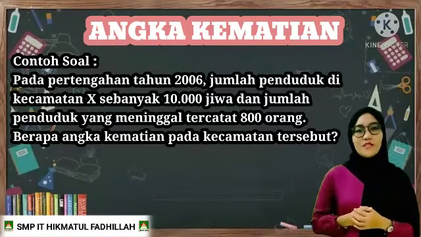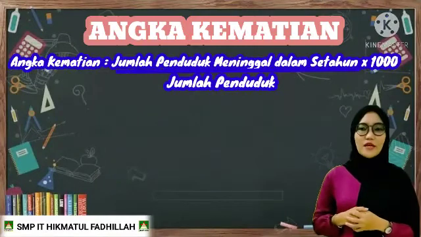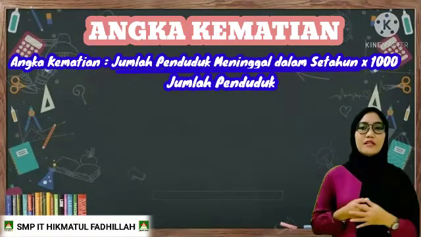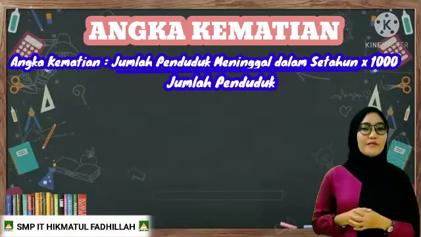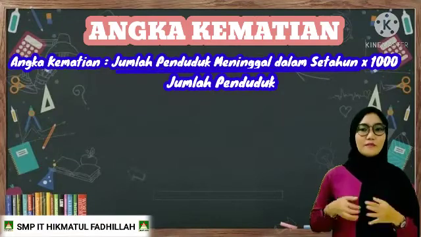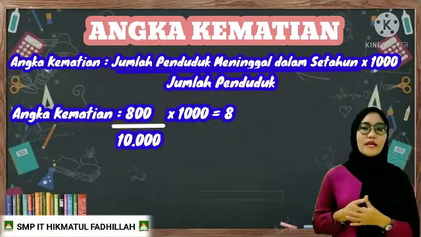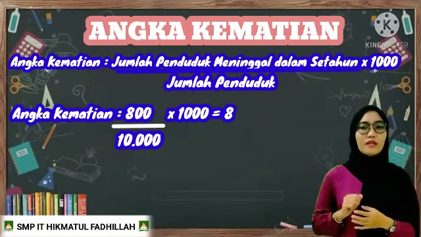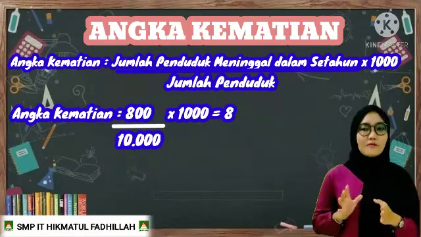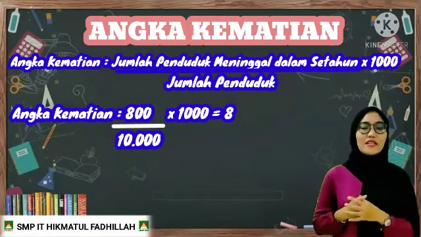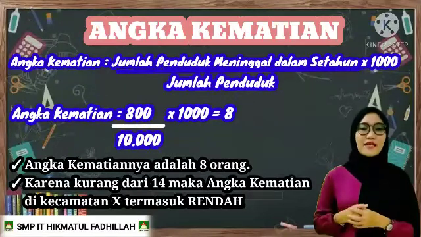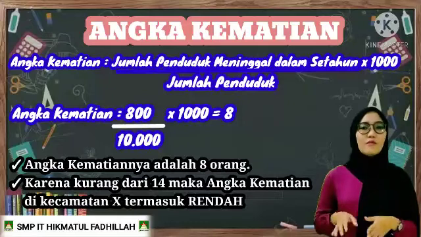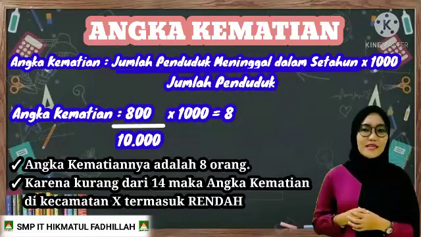As we know, the formula for finding the death rate or mortality is the number of people who died in a year divided by the number of populations multiplied by 1,000. So 800 divided by 10,000 times 1,000 is 8. The mortality is 8 people. Because it is less than 14, the mortality in sub-district X is low.